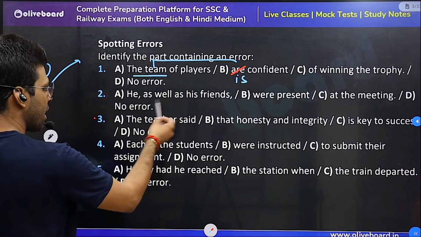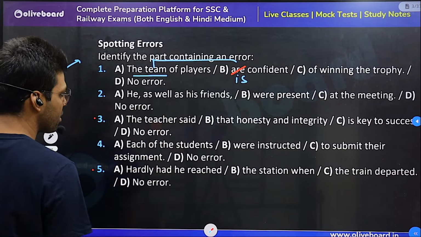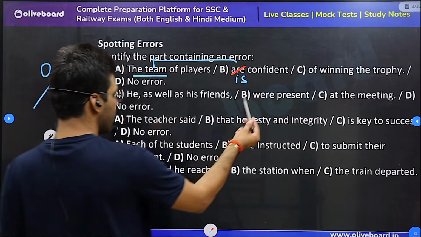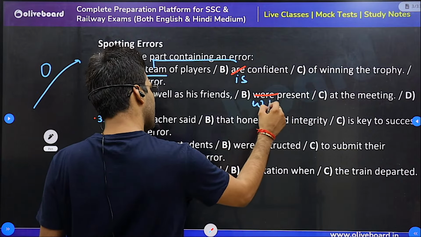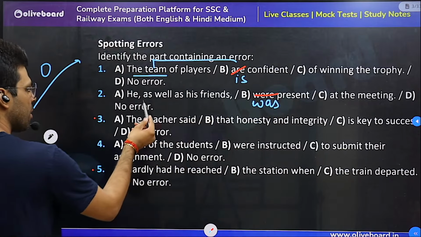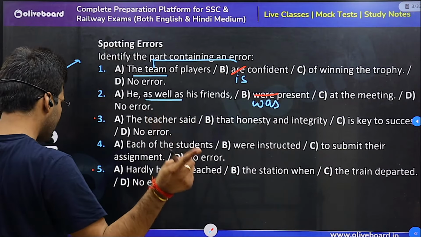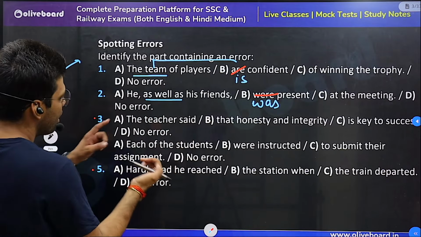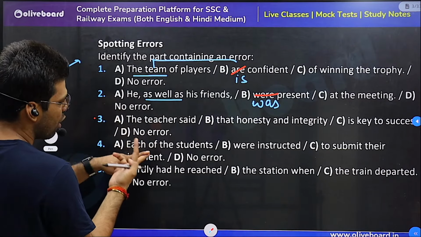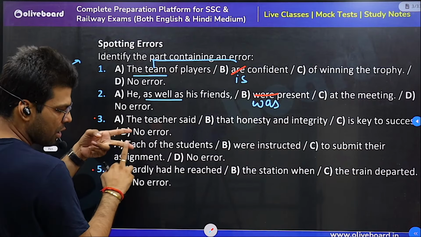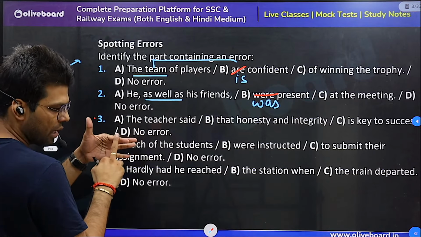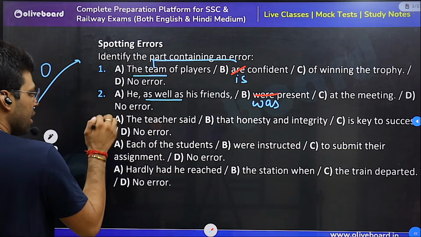Mathematically, it seems like he as well as his friends, so there should be many people, were present. No, was present. Why? Though there were many people. There are some words in English, SVA, subject verb agreement, with, together with, along with, no less than, in addition to, like, besides, and not, rather than, as well as, they follow the first term.